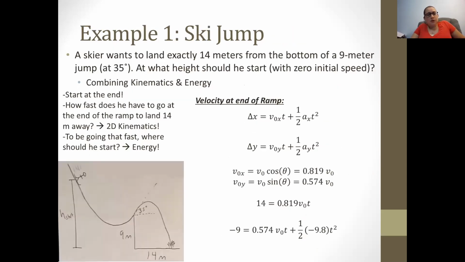Okay, so here we have 2 example problems that would make great final exam problems or midterm type problems. So example 1, a ski jump. A skier wants to land exactly 14 meters from the bottom of a 9-meter tall jump, at 35 degrees.